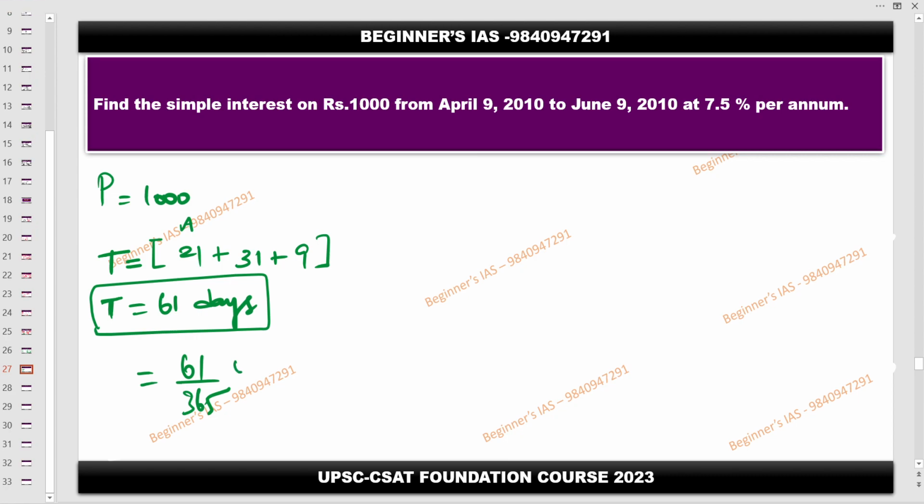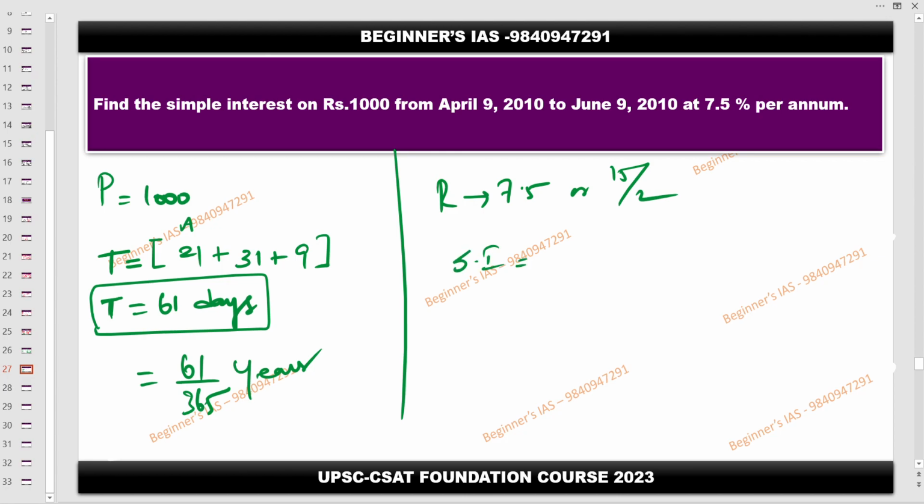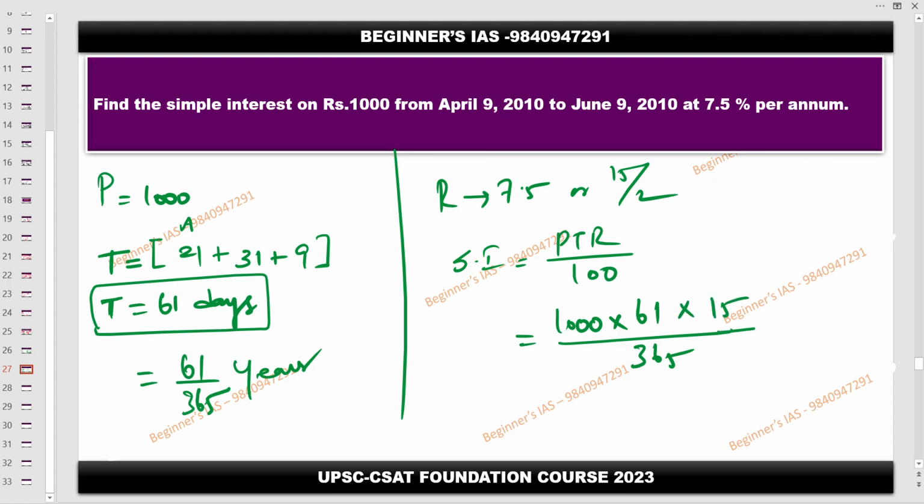The simple question. So R is nothing but 7.5. You can take 15 by 2 also, not an issue. You need to calculate the simple interest with PTR by 100. P is nothing but 1000. T is nothing but 61 by 365. R is nothing but 15 by 2. Then the formula contains 100 here.